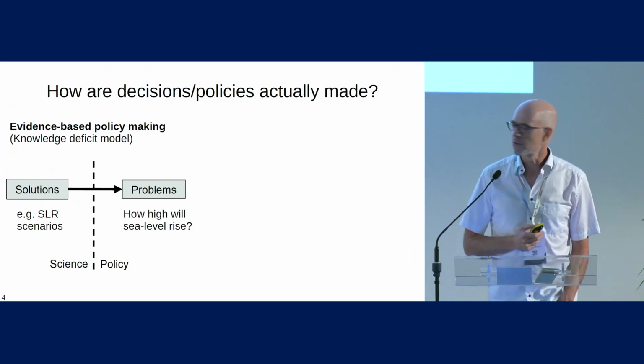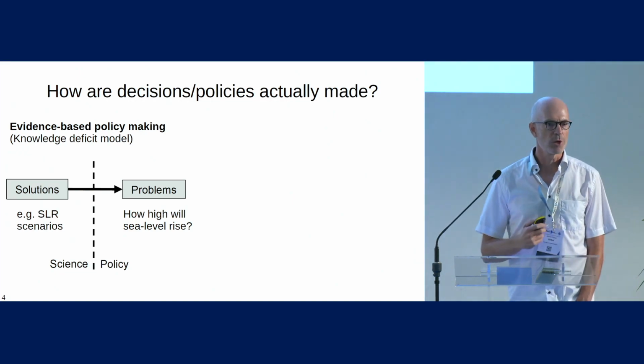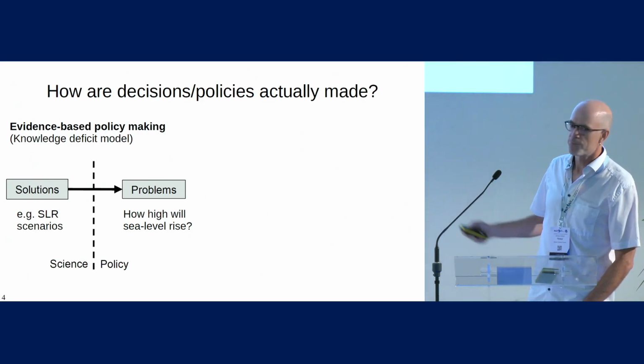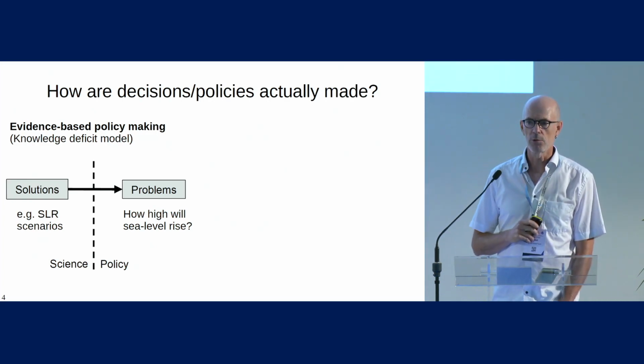And that's very simple. We have a solution that is produced by science, for example, sea level rise scenarios, because there is a problem and people want to know how much does sea level rise.